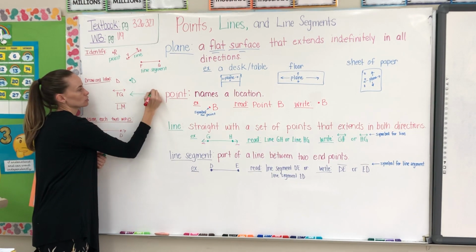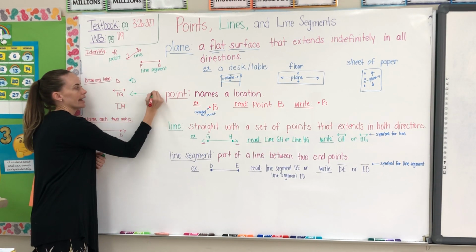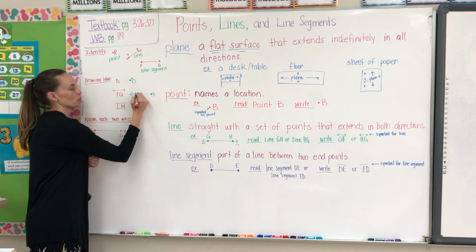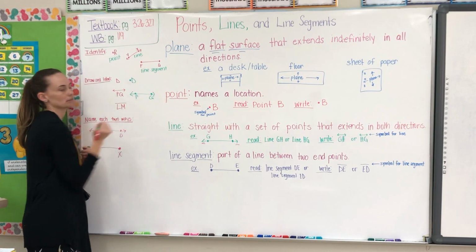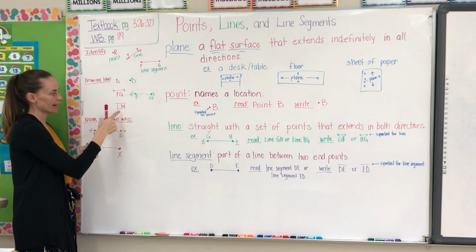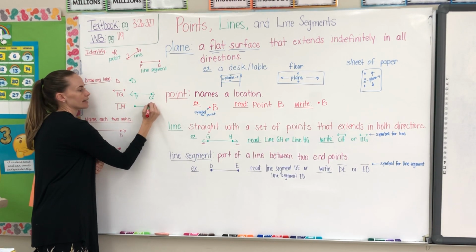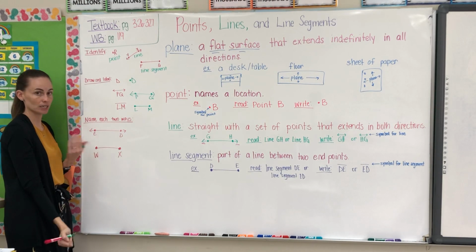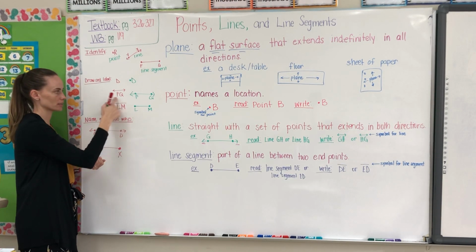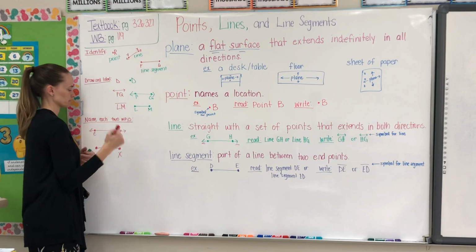So we would draw our line and label our 2 points P and Q. And this one, we look at it, it does not have any arrows, so it is a line segment, L and M. Again, we're labeling it with what they're giving us, okay?